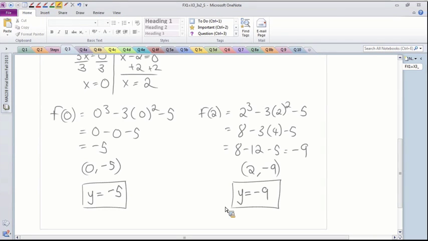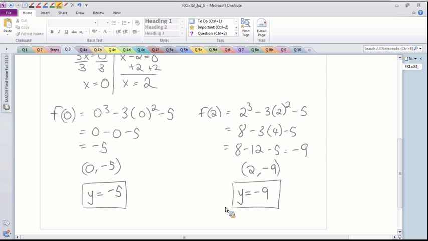We don't have to use the point slope form because you should know that the equation of a horizontal line is just y equals the y value, because they're horizontal.